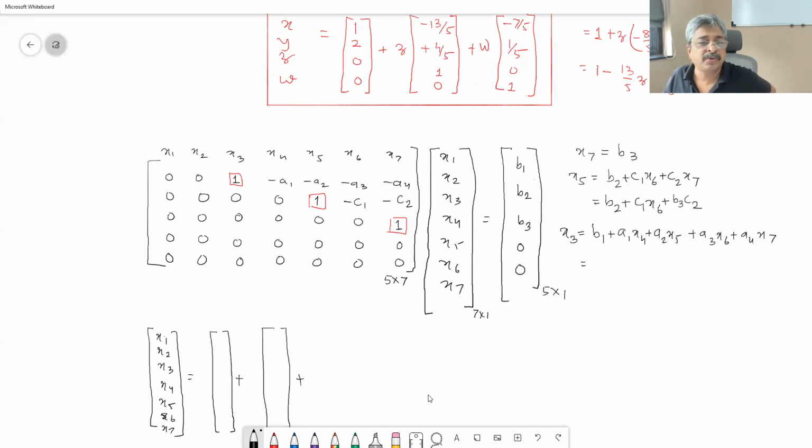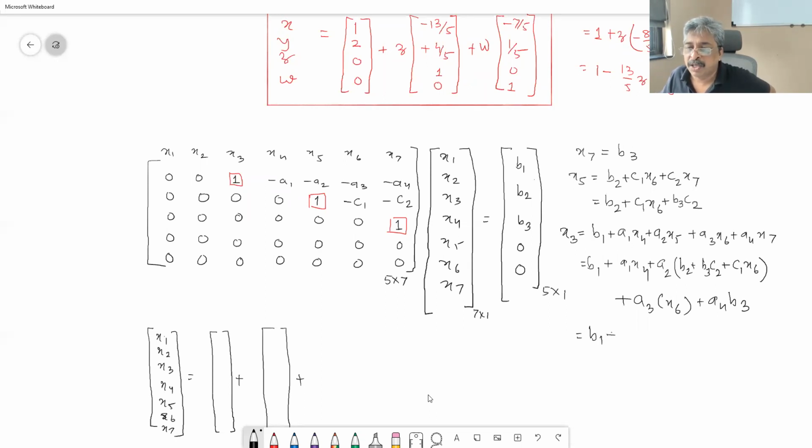So what all can I substitute in case of x3? b1 plus a1 x4, where x4 is going to be my free variable, plus x5 is dependent, a2 times b2 plus b3 c2 plus c1 x6, that is x5. x6 is my free variable, so a3 into x6 plus a4 b3. So what all constant terms are there?